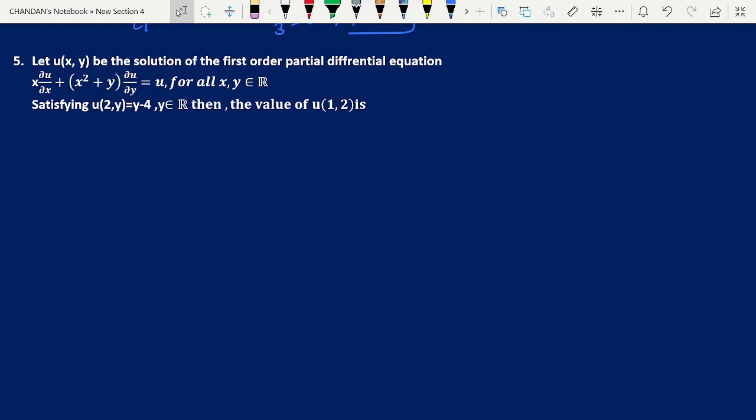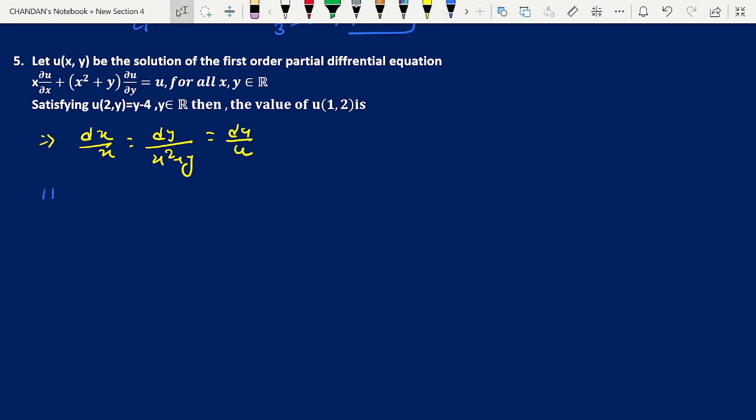Now how to write this characteristic equation, then we write here the characteristic equation: dx by x, dy by x square plus y, and du by u.